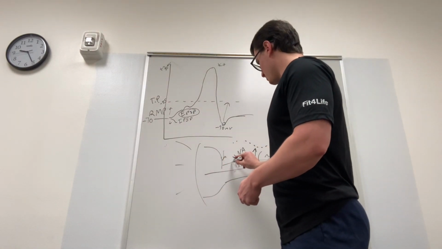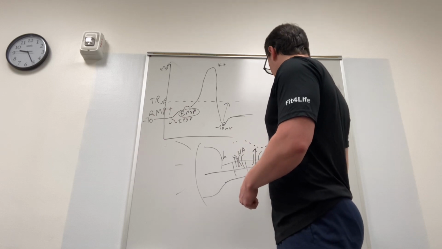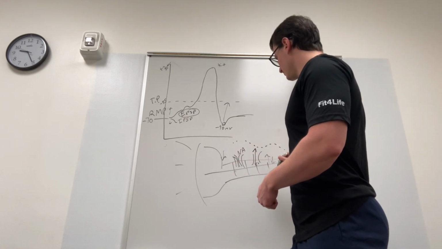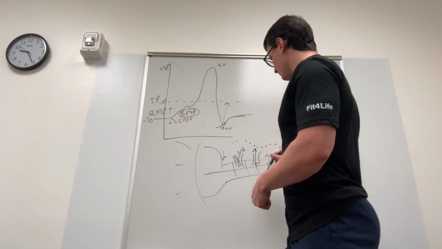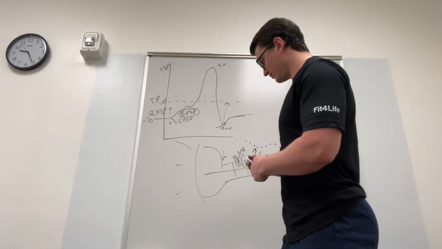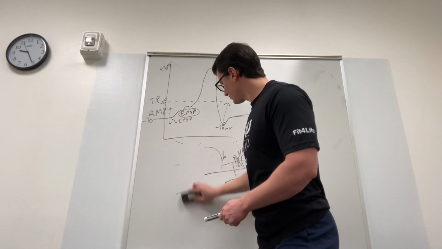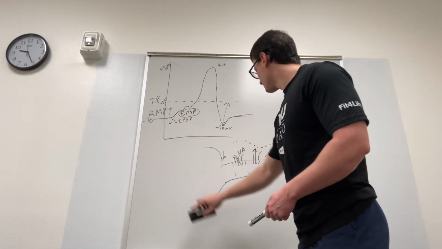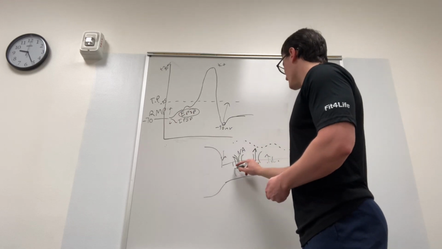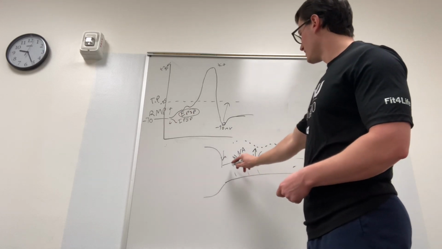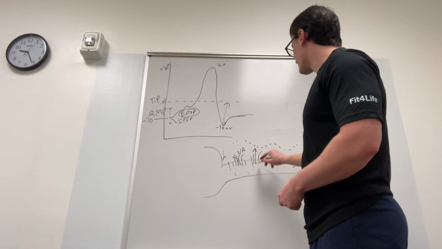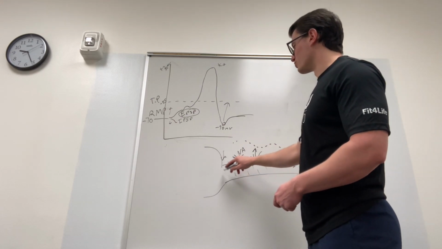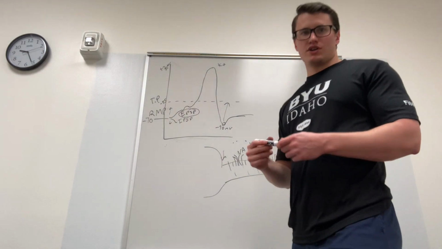So as we have an action potential move down a cell, there's going to be kind of all these sections, and as we depolarize one section, we depolarize the next, and we repolarize it.